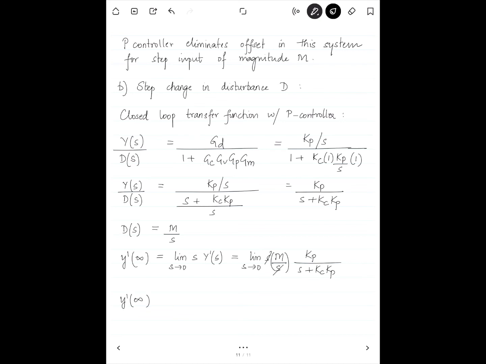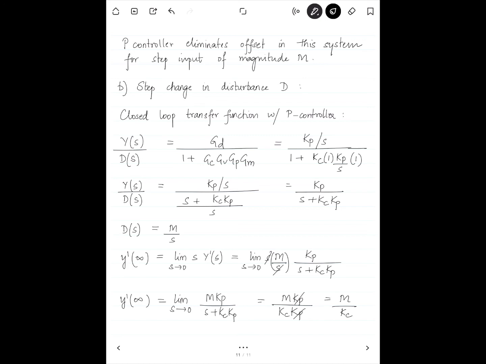And now when we substitute s equals 0, we end up with m times Kp over 0 plus Kc Kp. Cancel out the Kp's in order to get m over Kc.